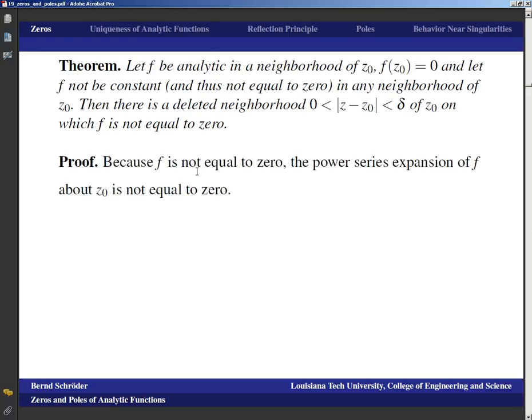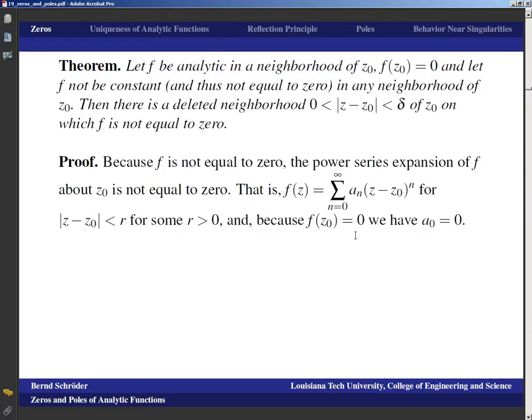The proof is, because f is not identically equal to 0, the power series expansion about z0 is not equal to 0. And that means that f is the sum of a_n times z minus z0 to the n for absolute value of z minus z0 smaller than r, for some r greater than 0. And because f of z0 is equal to 0, we have a_0 equals 0.